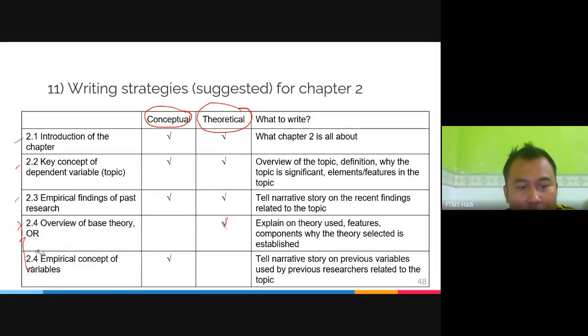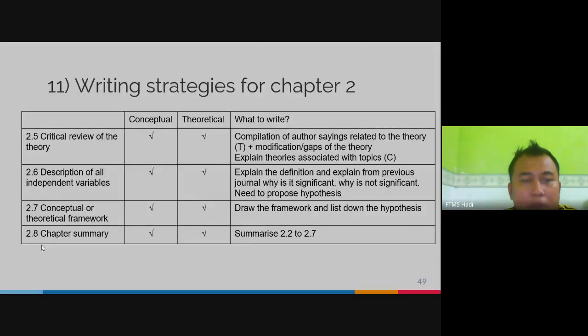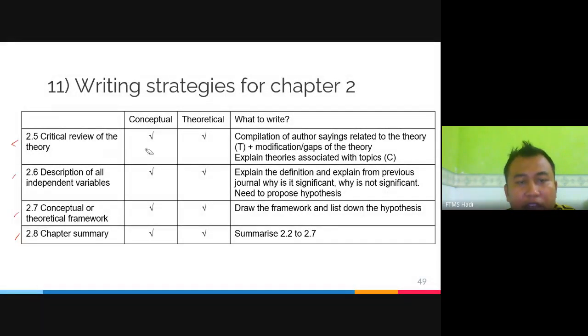But if you use your own idea, that means it's your conceptual paper, and your theory might come later, which is this one, critical review of the theory. That means how many theories are related to the topic and what theories have been highlighted before, just a summary only, because you are not more on theoretical, you are more on conceptual only.